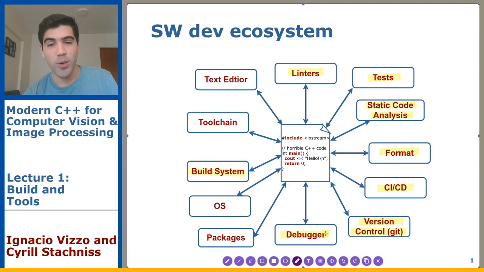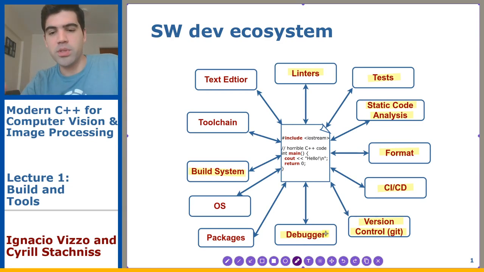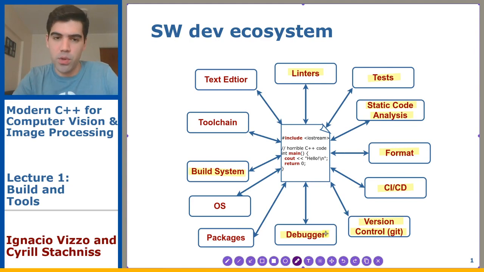And as I always say, if your tool sucks, you most likely will suck. So it's never a bad idea to spend some time trying to improve your tools or to make better use of them. Today we're going to be diving deep into build systems and how the compilation process works at all.